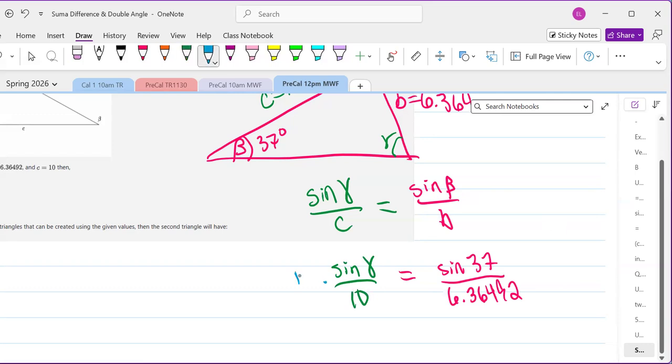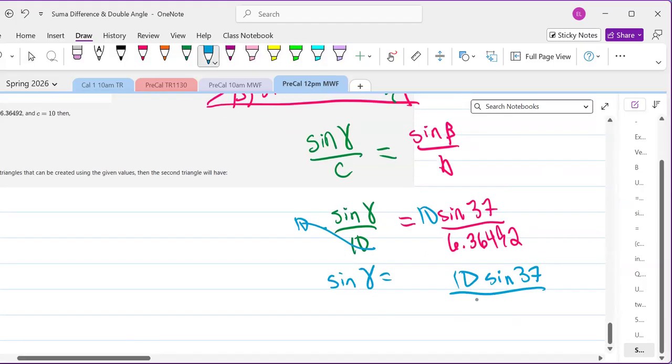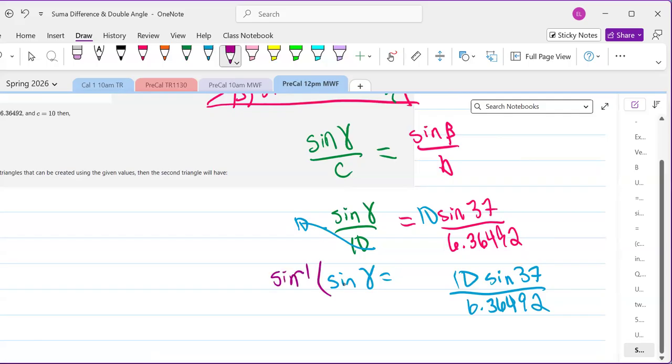Then we're going to multiply by the 10. So now I have sine of gamma equals, leave some space, 10 sine 37 over 6.36492. And then we use the inverse sine function to get gamma by itself.